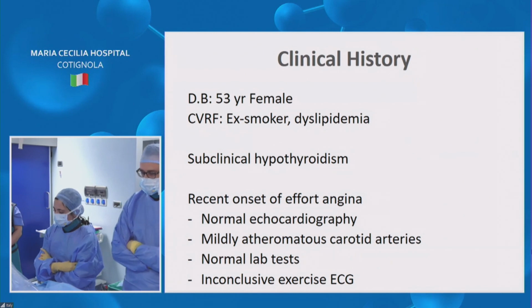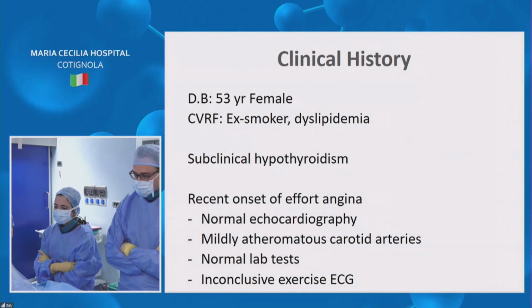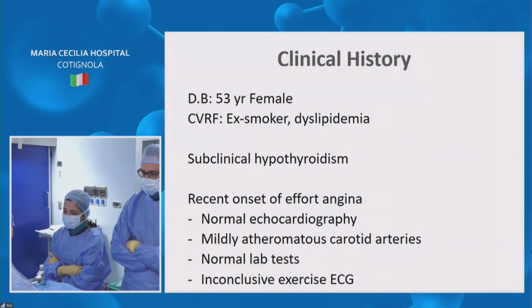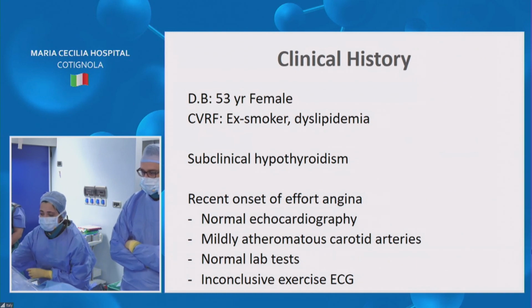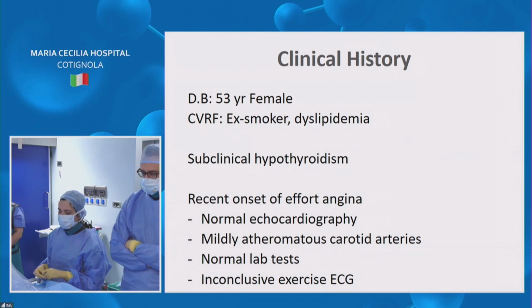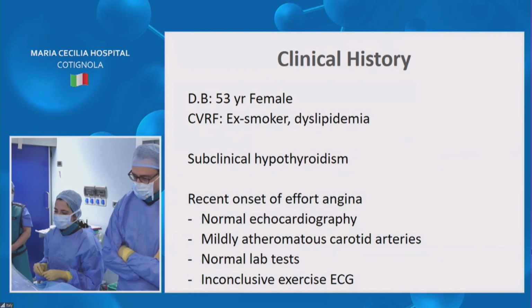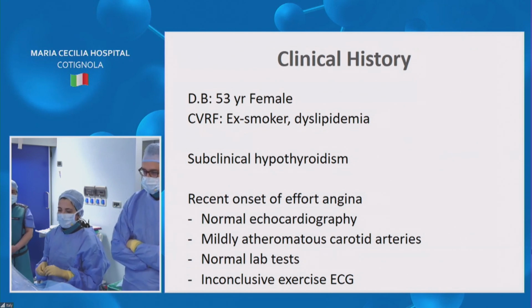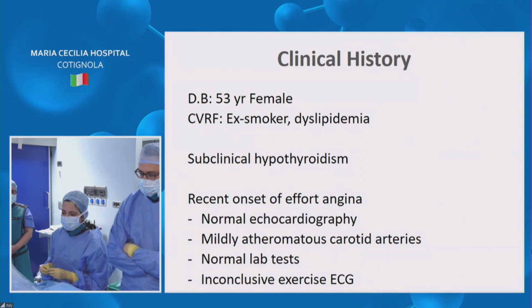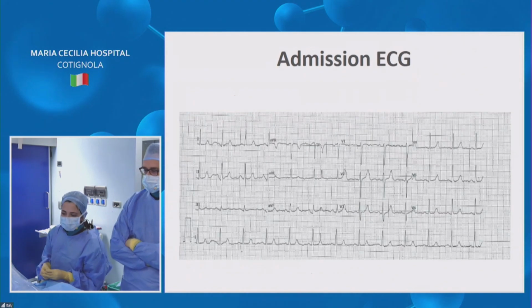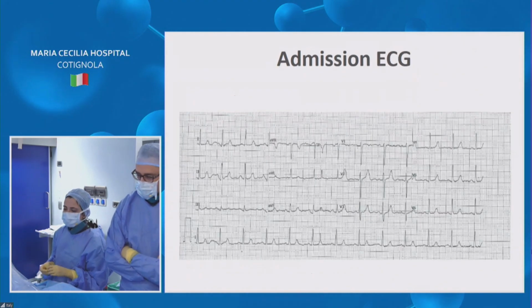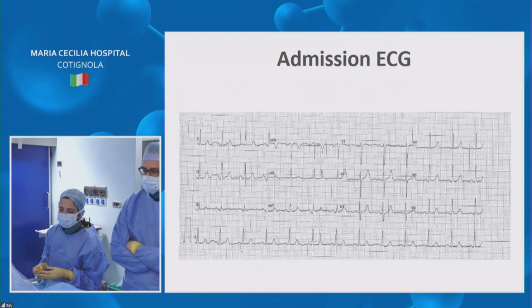For this reason she underwent some examinations, including a transthoracic echocardiography that was normal, lab tests, and an ECG stress test that was inconclusive for ECG modifications. So she came to do coronary angiography. At admission, we can show her baseline ECG, which is quite normal.